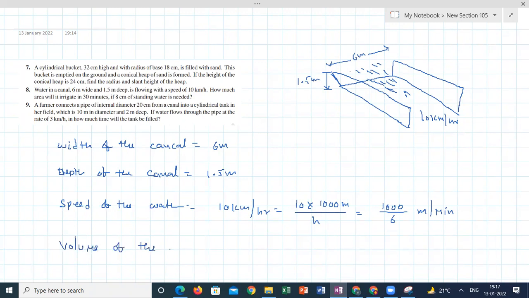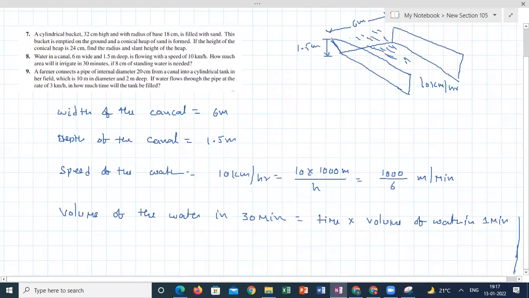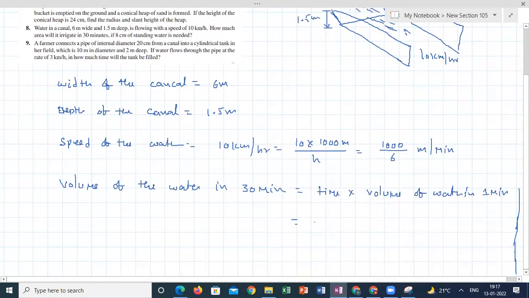the volume of the water in 30 minutes will be equal to time in minutes into volume of water in 1 minute. So 30 minutes it is flown, like a pipe releasing water where the diameter of the pipe is given. The volume is the area of cross section of the canal into the speed.